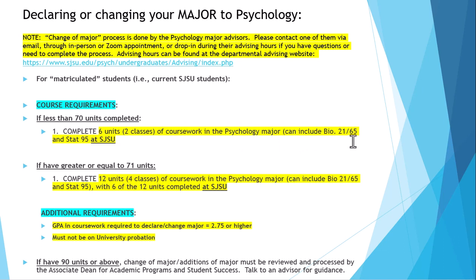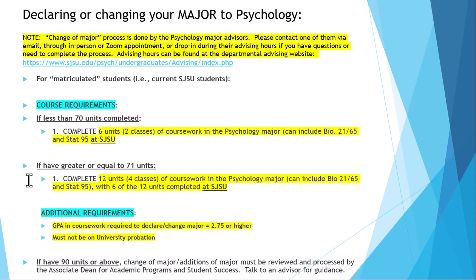That's our major preparation course. And it can also include Stat 95, which is elementary stats. Okay, but again, the most important thing is you have to complete those 2 classes at San Jose State. Okay, so that's the course requirement if you have earned less than 70 units.